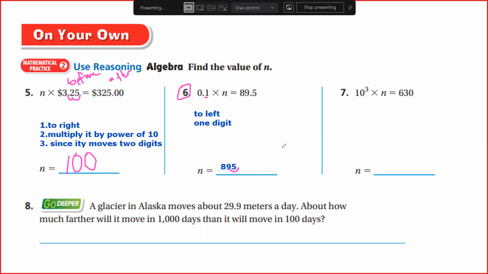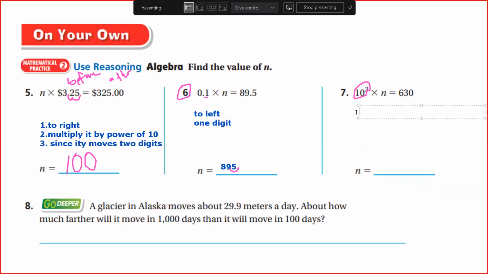Yes. Number 7 now, Hunada. Yes, teacher. 10 to the power 3 times n. The answer is 630. When you multiply by 10 to the power of 3, what does it mean? It means 1,000.